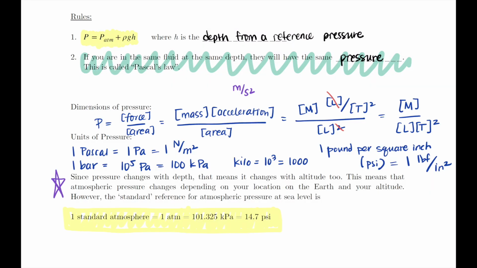Okay. So dimensions of pressure. Let's do a little bit of practice with our dimensional analysis that we've already done before. So we know that pressure is a force per area. A force we can write as mass times acceleration. And then area, I'm just going to keep as area for now.